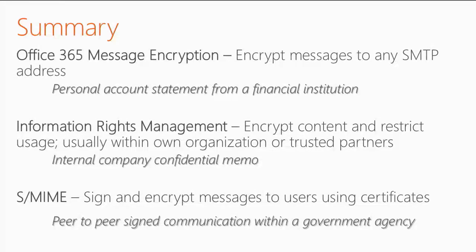You don't have to worry about what the end user is running or viewing it on, as long as they can do a post. They should be able to see it. And again, those organizations that need to talk to customers outside of the org, this will be great for them. Information Rights Management enables you to encrypt and apply usage rights. This is good for within the organization to make sure your company confidential information does not get leaked.